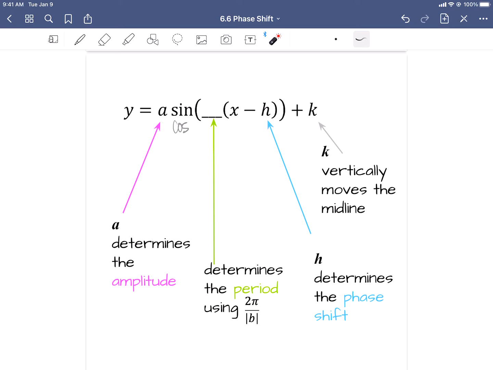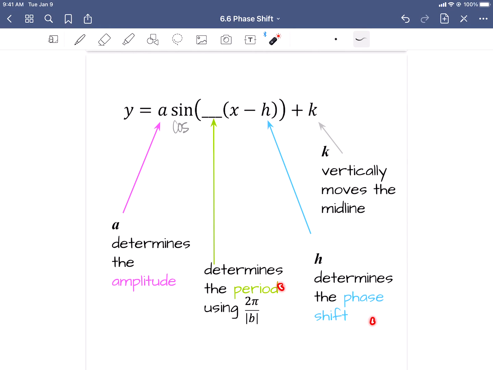So our polynomials and all our other algebraic functions have all these transformations as well. But because this is a trigonometric function that's periodic, I can mention these ideas.